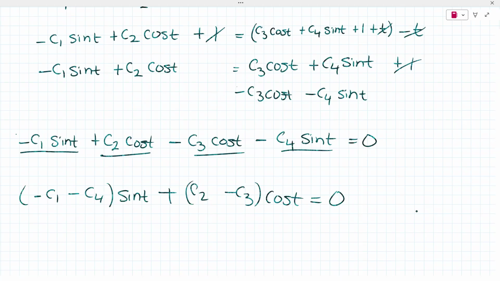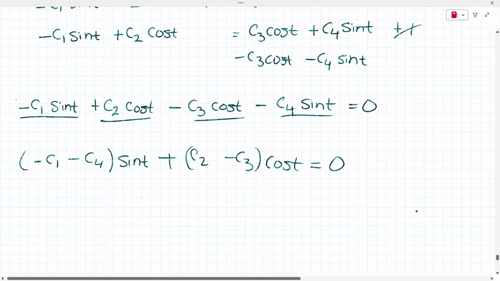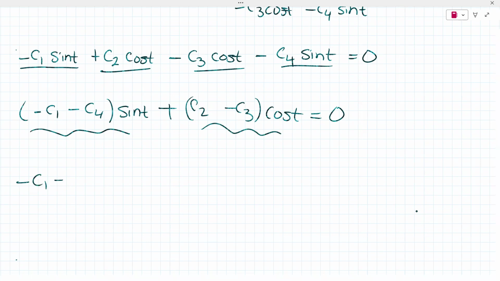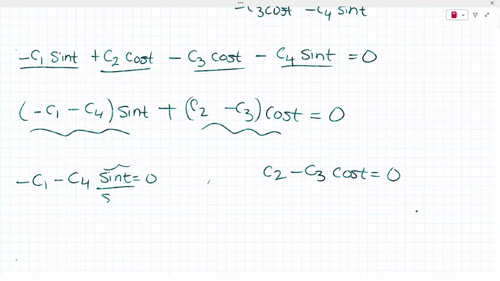Then you're going to set each part to 0. So you get negative C1 minus C4 times sine of t equals 0, and the other one is C2 minus C3 times cosine of t equals 0. Then I can get rid of this sine of t by dividing both sides by sine of t.